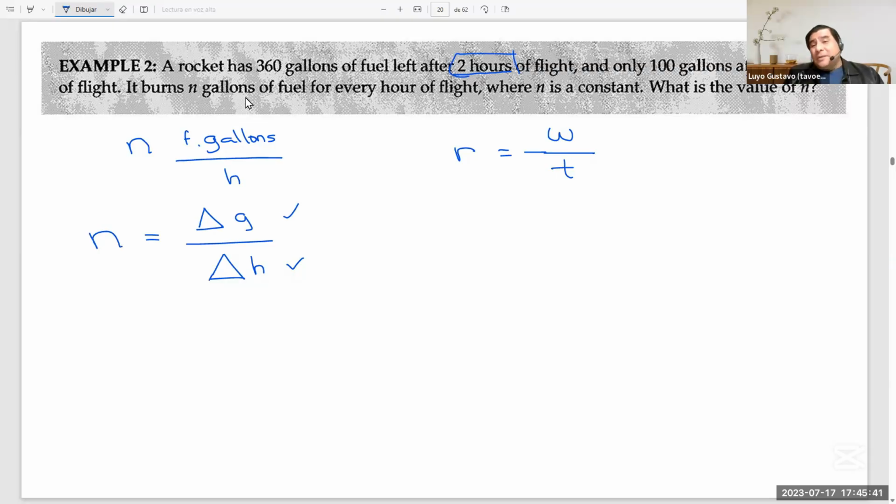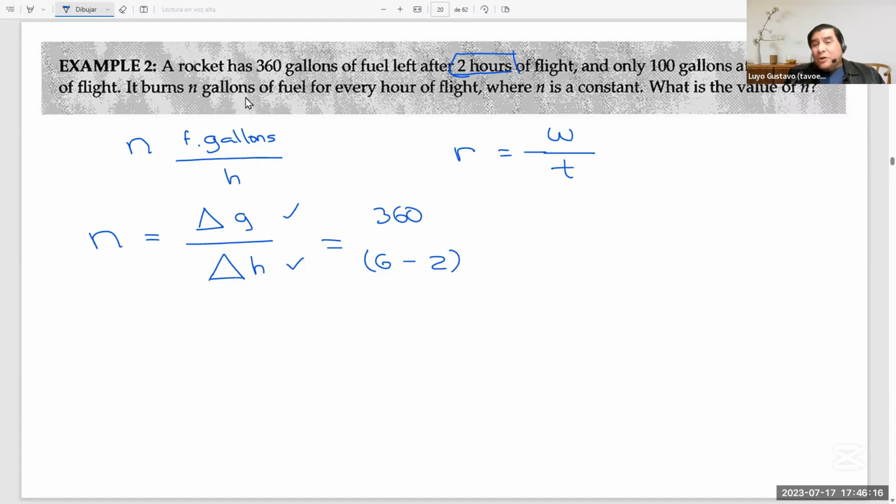You know, if we subtract 6 minus 2, that is actually 4 hours. In 4 hours of flight, what was the consumption? If after flying 2 hours, the fuel left was 360, how much fuel was consumed in these 4 hours?